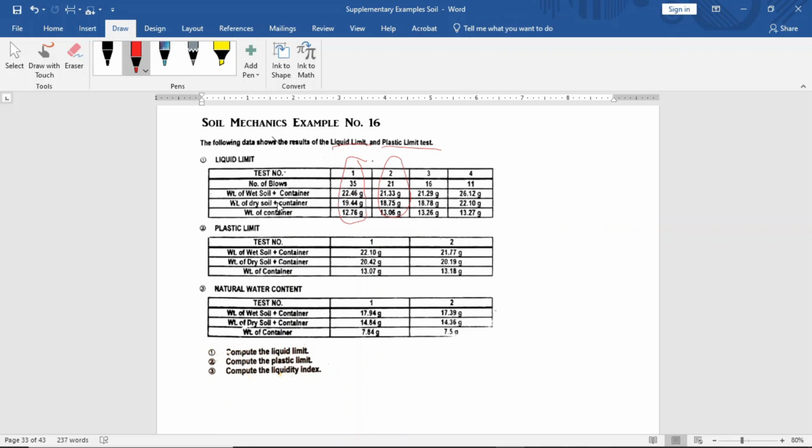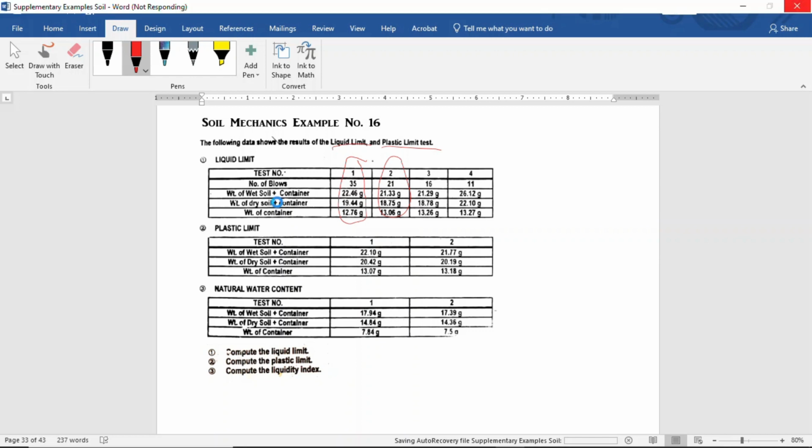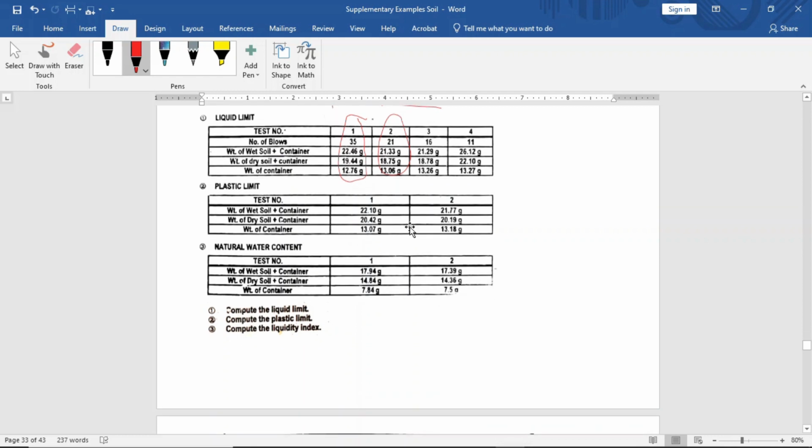Tapos, ang weight of wet soil plus container is 22.10. Tapos, 21.77. Tapos, weight of dry soil plus container is 20.42 grams and 20.19 grams. And the weight of the container is 13.07 and 13.18. Ulit, magkaiba yung ginamit na container natin. Kaya magkaiba yung nila.